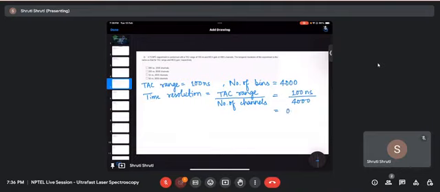But there can be cases where, though they have been emitted at the same time, before they get detected there can be delay in the signal, or in the PMT there can be delay in the amplification.